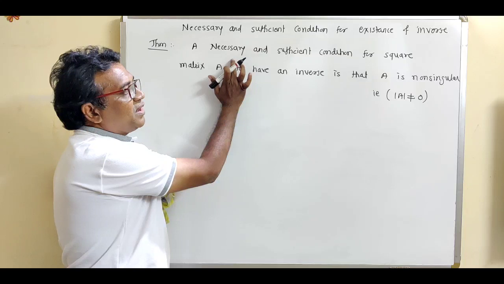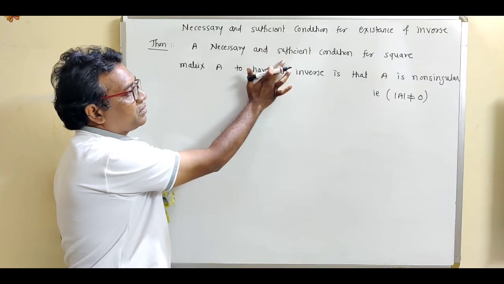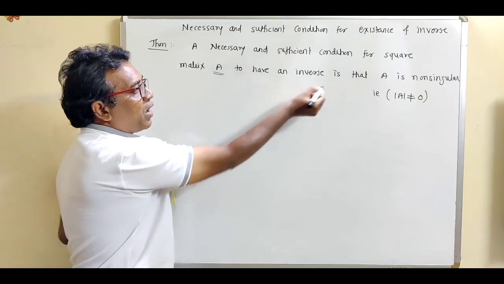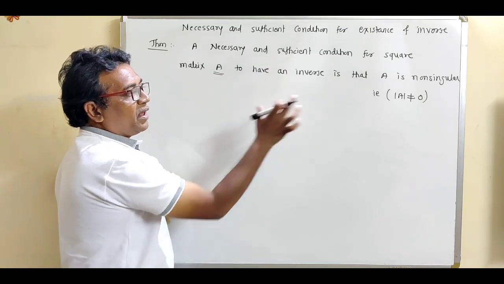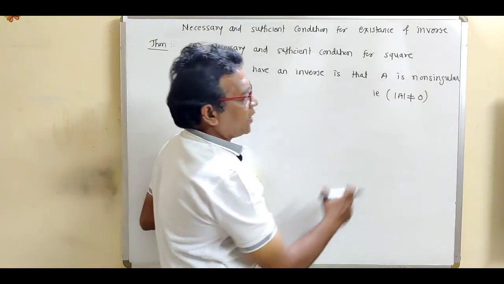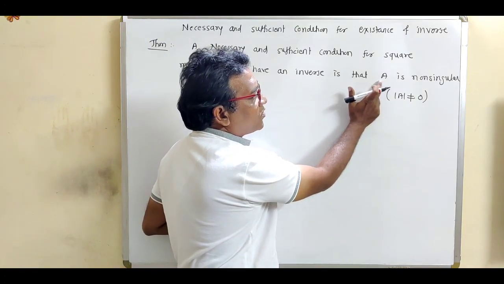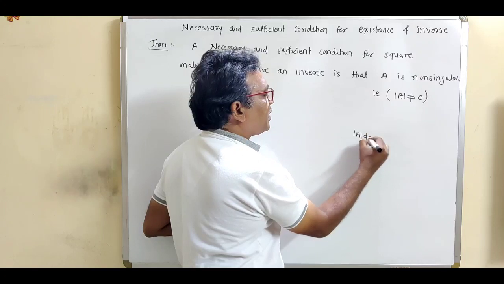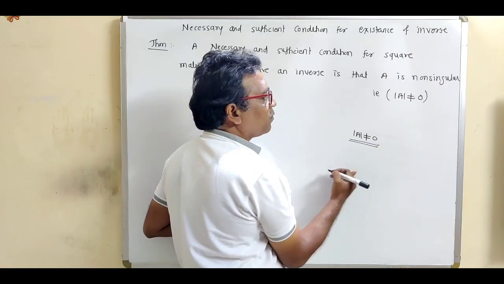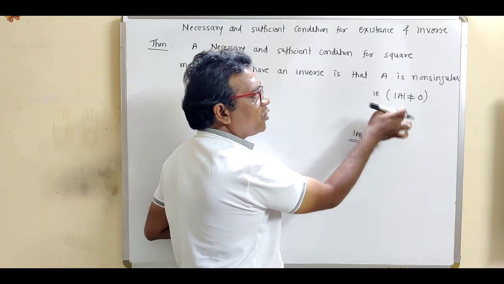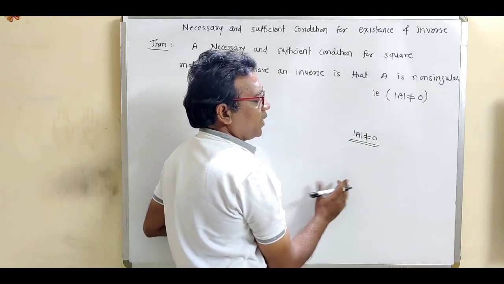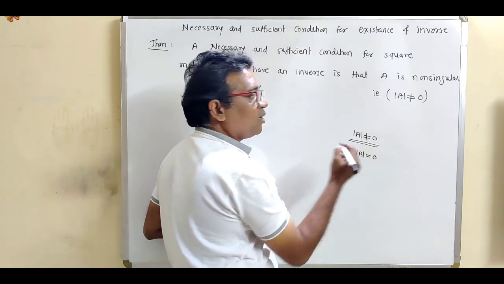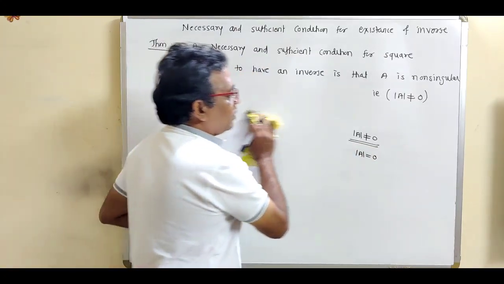A necessary and sufficient condition for a square matrix A to have an inverse is that A is a non-singular matrix. Non-singular matrix means if the determinant of the given matrix is non-zero, then the matrix is said to be a non-singular matrix. And singular matrix means having determinant 0.